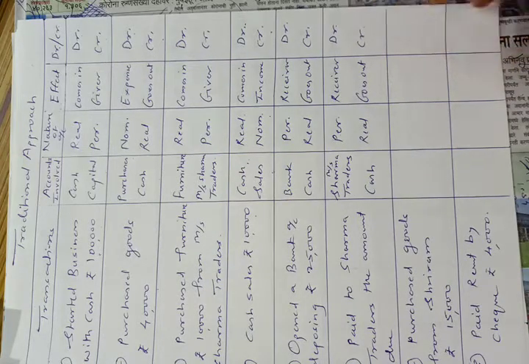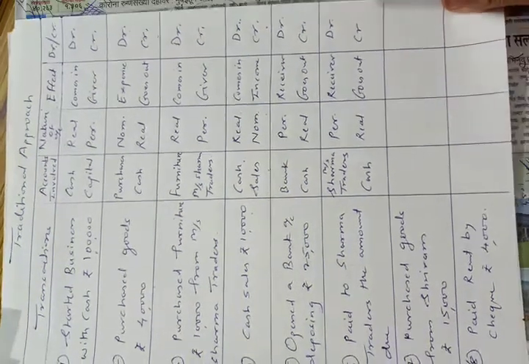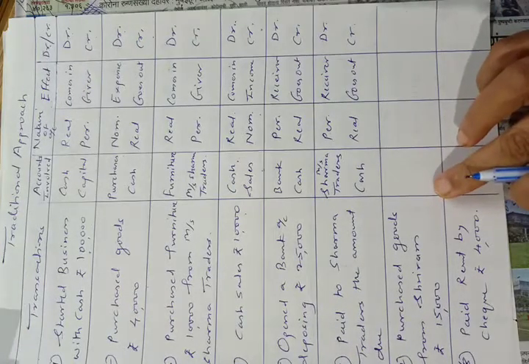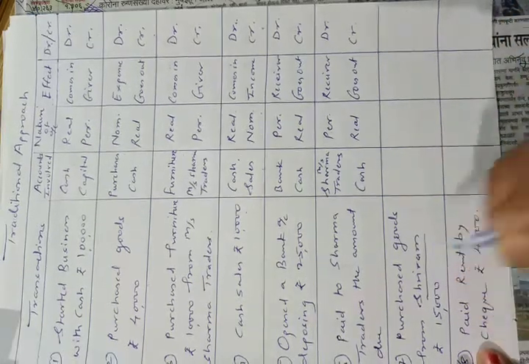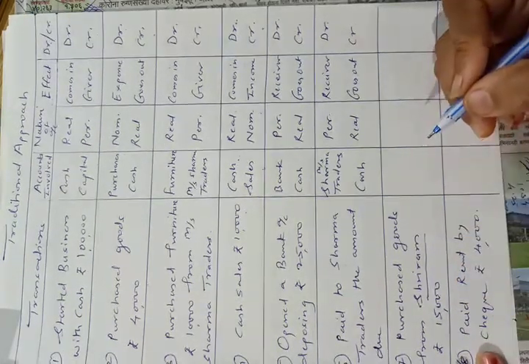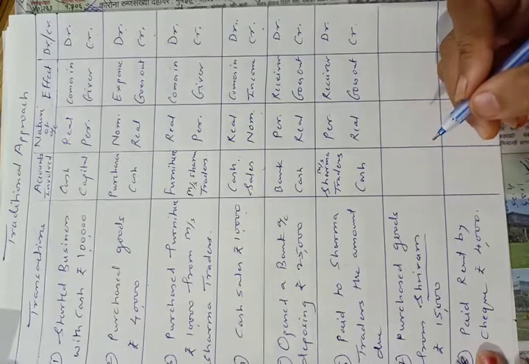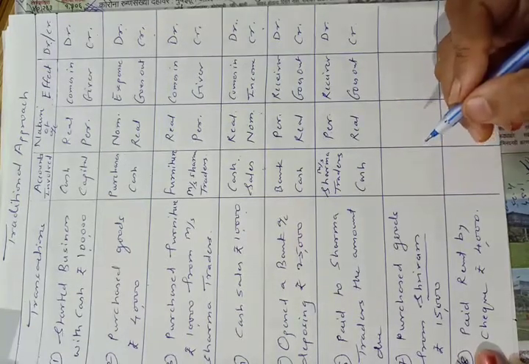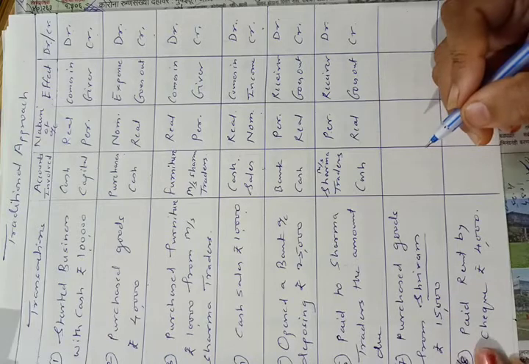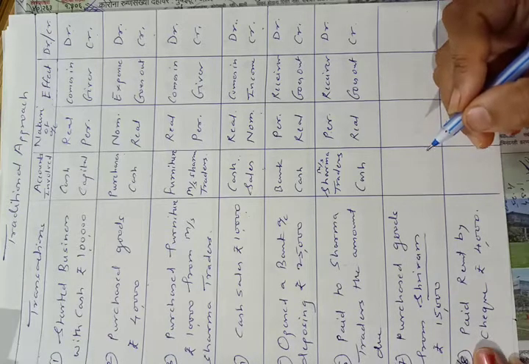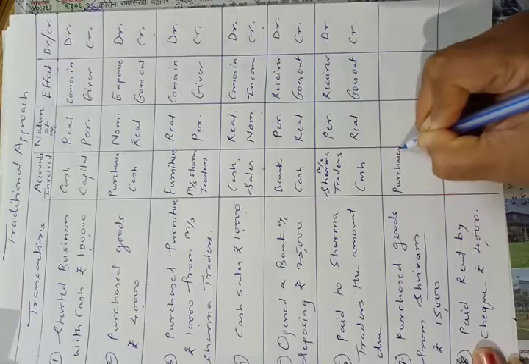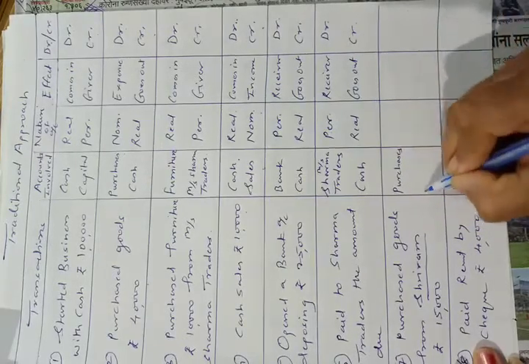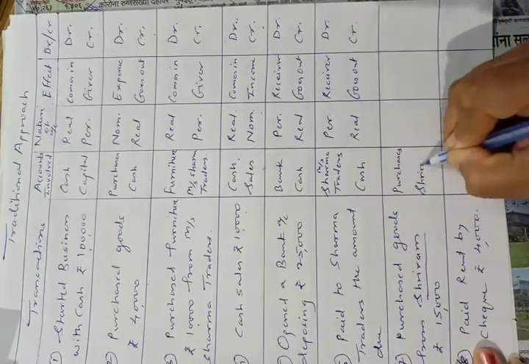Okay. Now the next transaction, that is purchase goods from Sriram, rupees 15,000. Here the party's name is given, the entry is of purchase, and the words for cash are not there. So this is a credit transaction. Two accounts will be involved here. The first account will be the purchases account, as goods were purchased, and the second account will be Sriram's account.